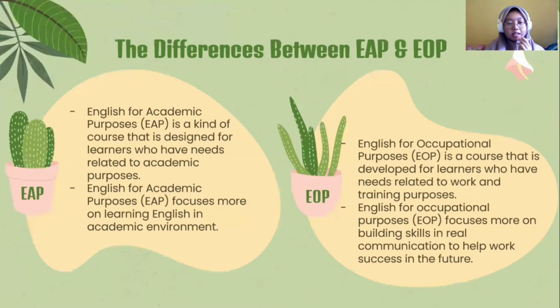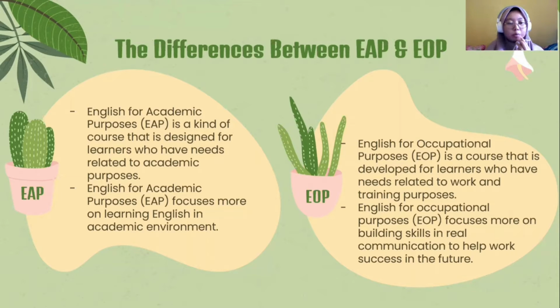And then the second one is about the differences between EAP and EOP. English for academic purposes, or EAP, is a kind of course that is designed for learners who have needs related to academic purposes. Meanwhile, English for occupational purposes, or EOP, is a course that is developed for learners who have needs related to work and training purposes.